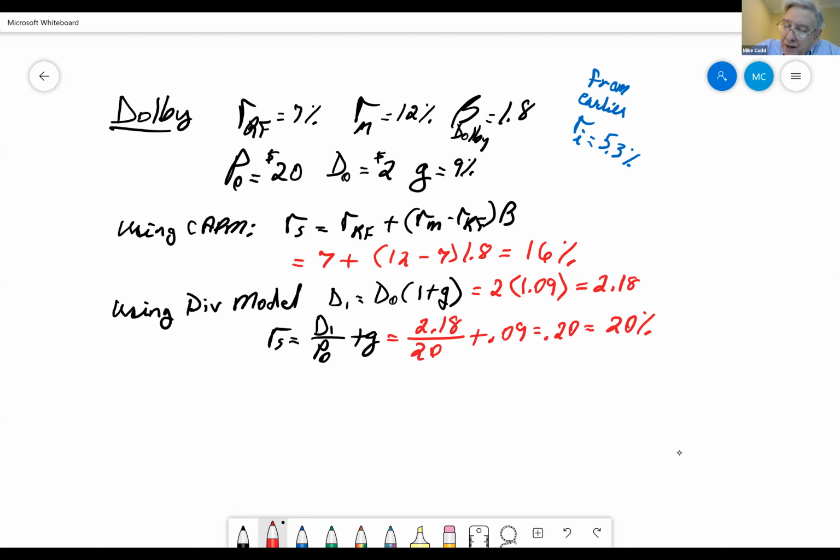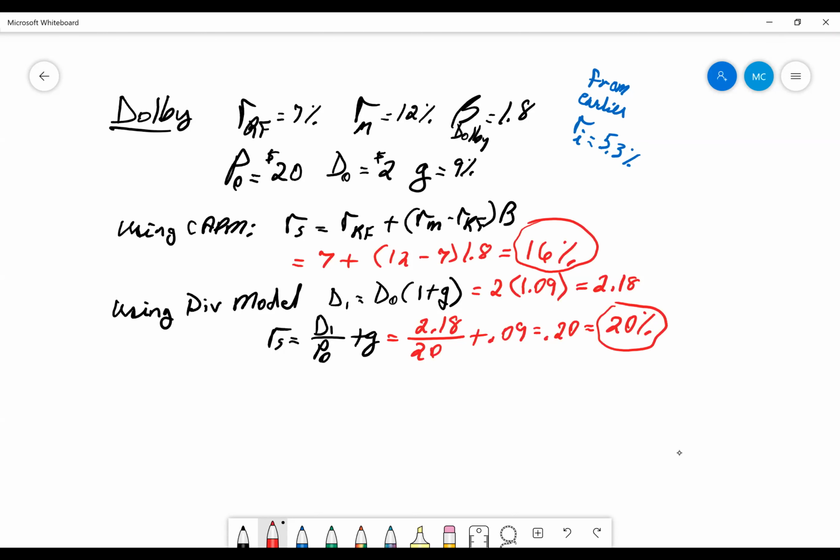Are you guys getting 16 with a CAPM and 20 with a dividend model? Is anybody getting those figures? All right, cool. I got them.